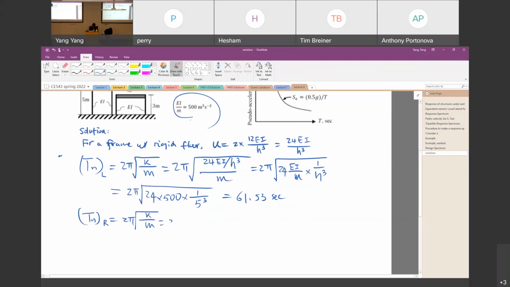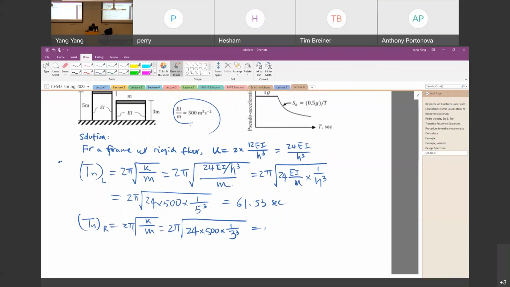Same equation, but we just use a different length here, a different height. That's equal to 1.32 seconds.